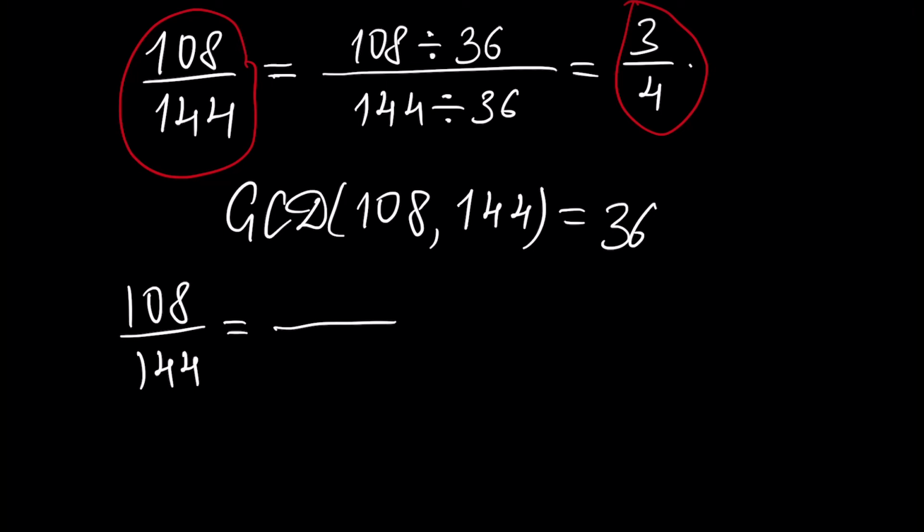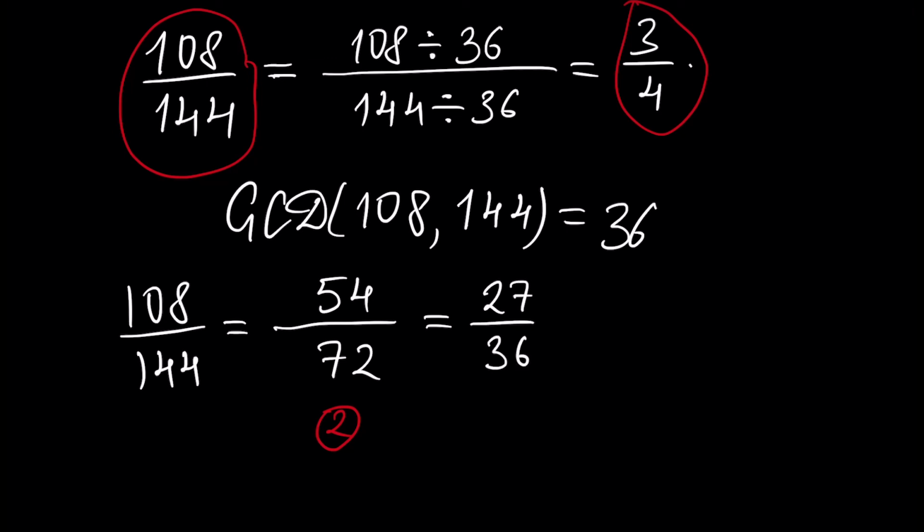And if we divide both sides by number 2, the result will be 54/72. Here we divided by number 2. Next, we can divide both sides again by the number 2, and the result will be 27/36. Here we divided by 2 again.